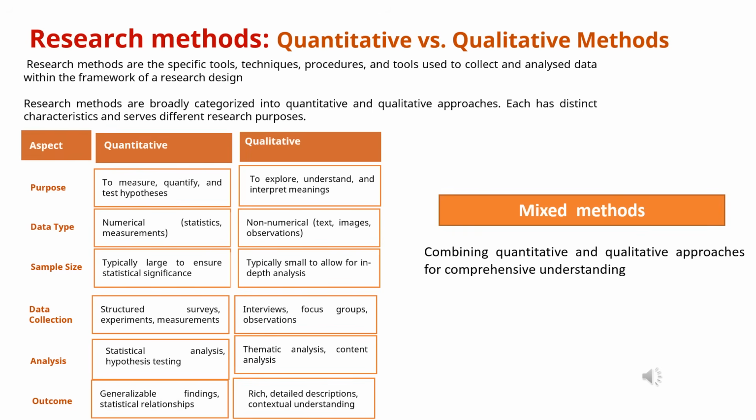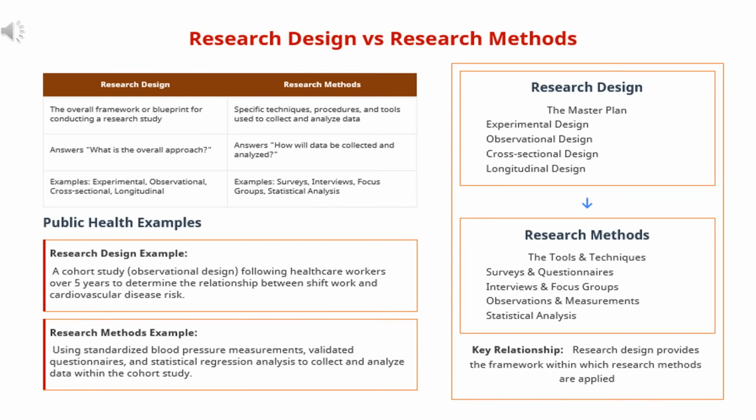Then another special type of research method is the mixed method. Here you combine both quantitative and qualitative approaches in order to have a comprehensive understanding based on your research question. So now let's look at some of the key distinctions between a study design and research methods.